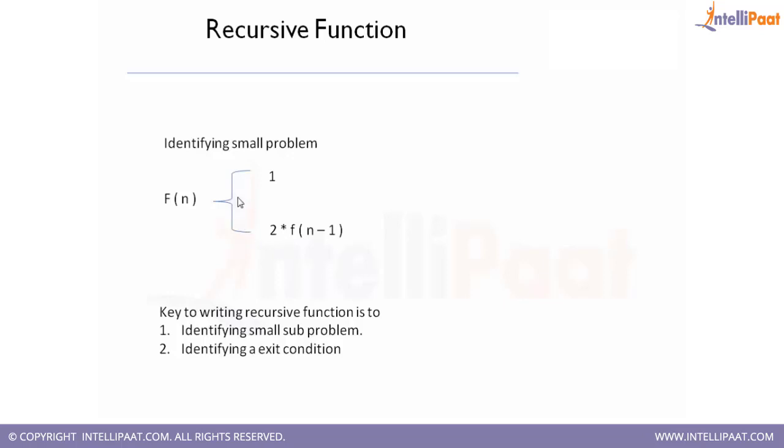In case n is equal to 0, I'll be returning 1. Otherwise, I'll be returning 2 into f of n minus 1. So again, f of n minus 1 will call f only, and then we'll proceed in a loop kind of manner.